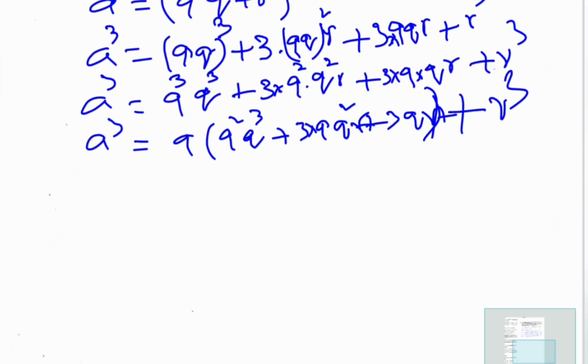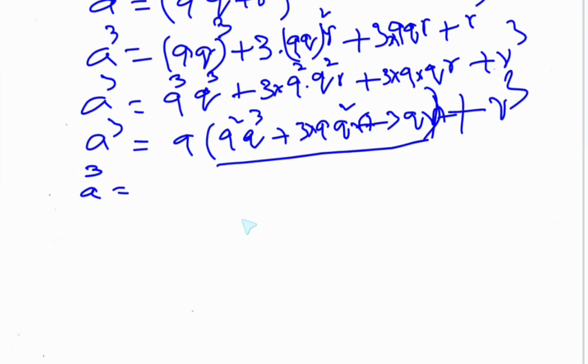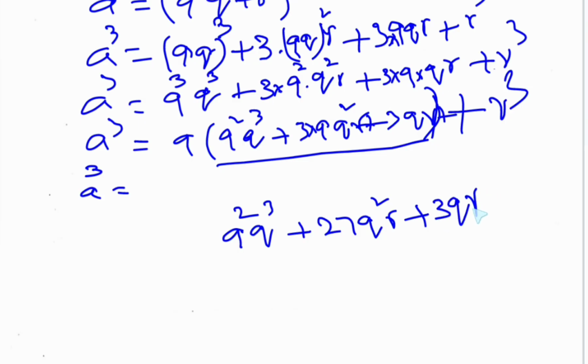So a cube is equal to 9 into the value 9 square q cube plus 27 q square r plus 3 q r square, and let that be p.